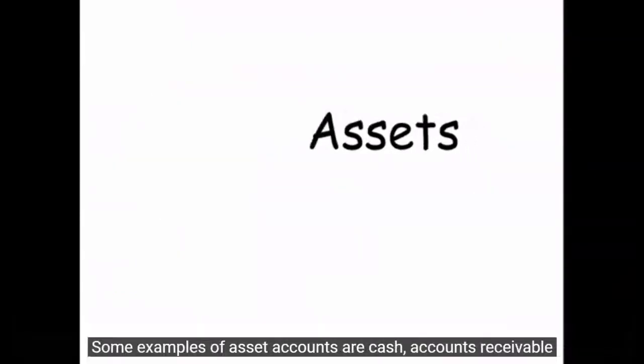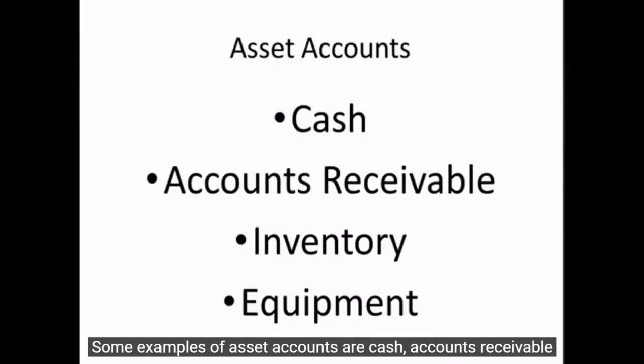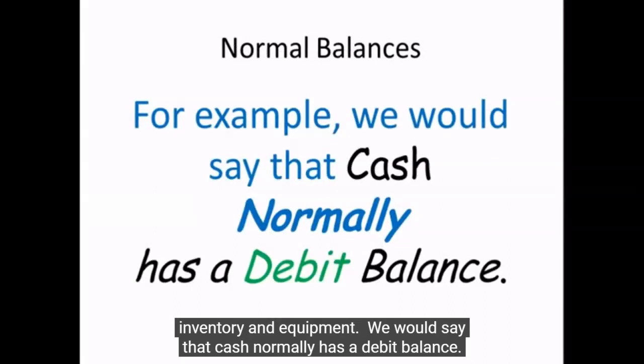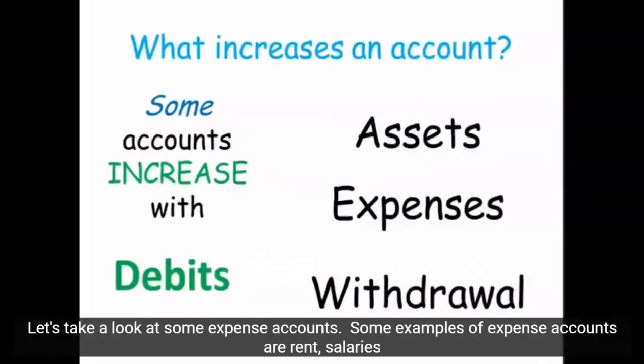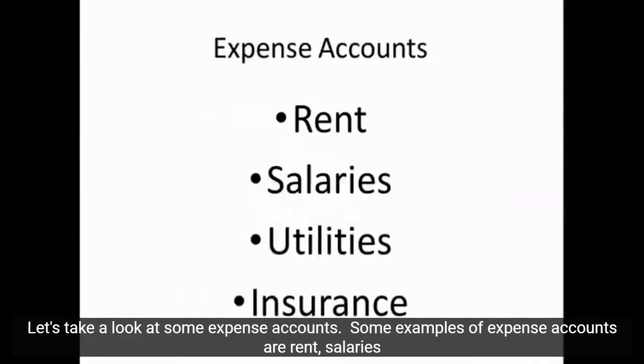Let's take a look at some asset accounts. Some examples of asset accounts are cash, accounts receivable, inventory, and equipment. We would say that cash normally has a debit balance. Let's take a look at some expense accounts.